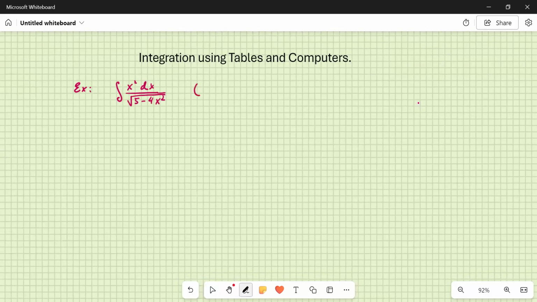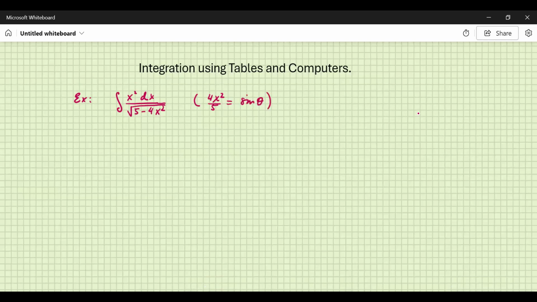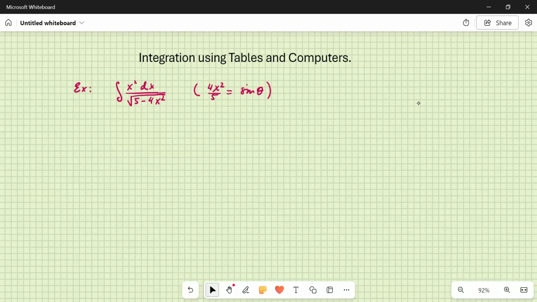Maybe your substitution is going to be 4x squared over 5 equals sine of theta, right? And this substitution is going to solve this integral, but you will need to do lots of steps because after you apply the substitution, your numerator is going to be modified too, and then you will need to calculate a trigonometric integral. And somebody did all this work for us. Imagine that you look in the reference pages and you find a similar integral, which is going to look like this.